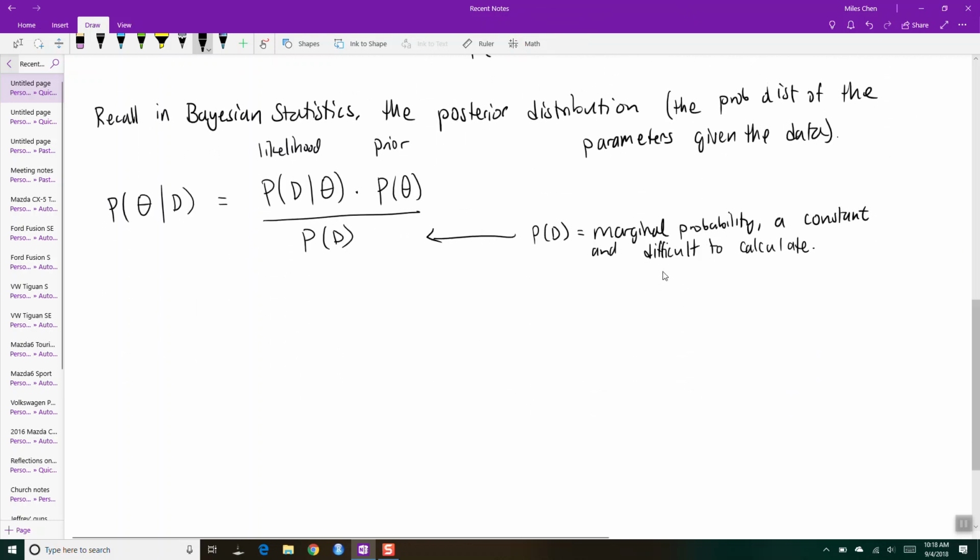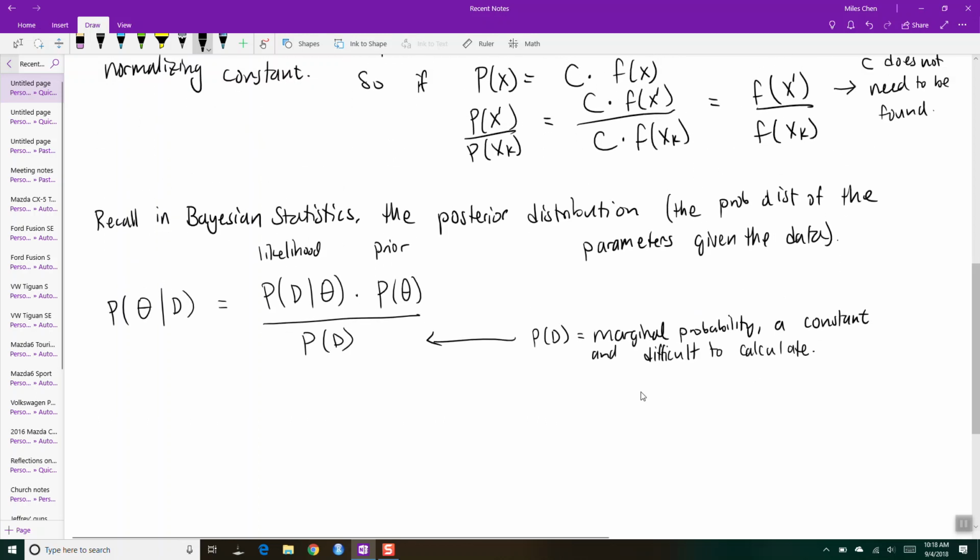Okay, and so again, this is effectively a normalizing constant. So, let C equal 1 over P of D. Then you have the probability of theta given the data equal to just C times the probability of the data given theta times the probability of theta.